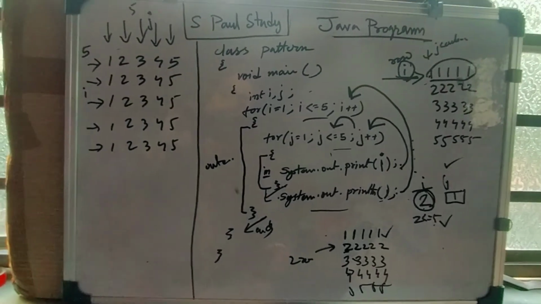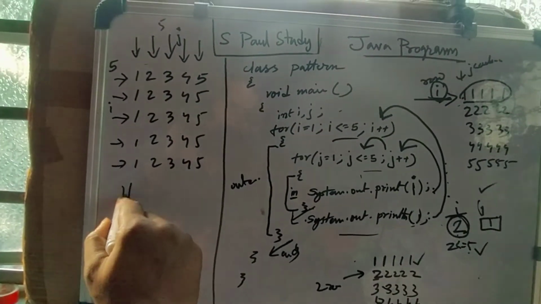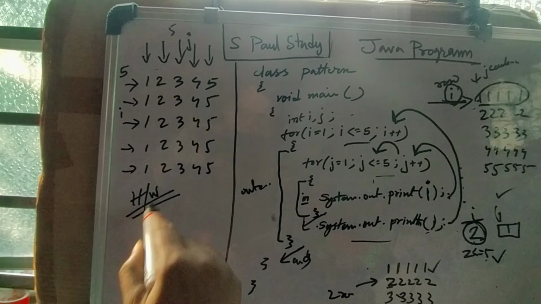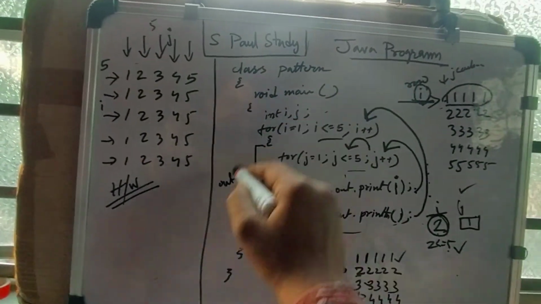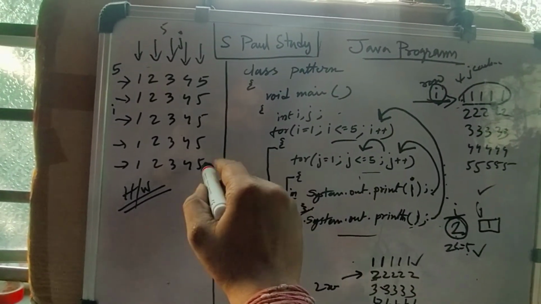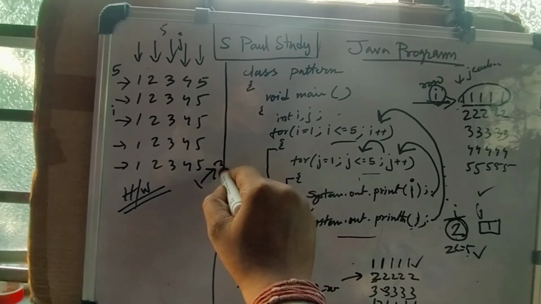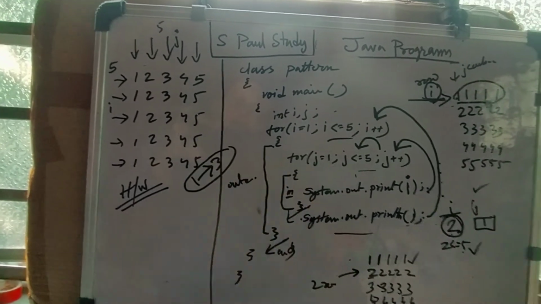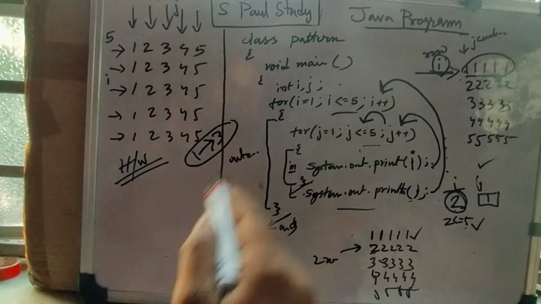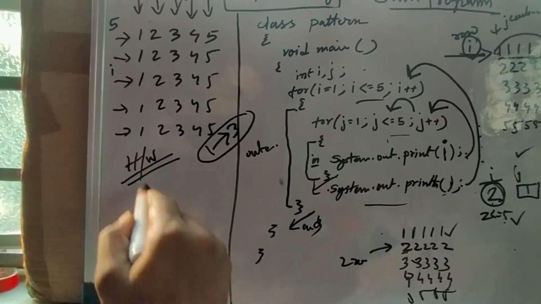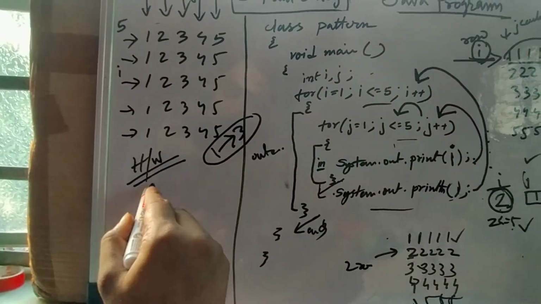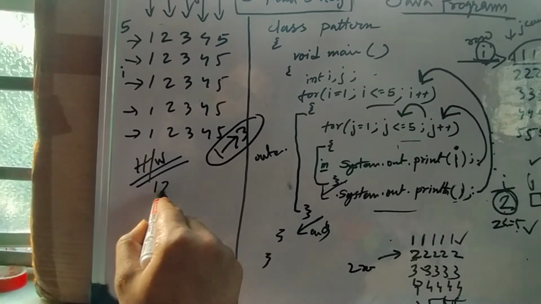If you like this video, one thing I want to give you is homework. If you have watched the pattern lectures 1 to 3, then you should be able to do this kind of pattern.